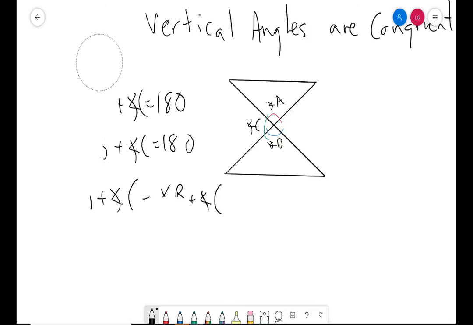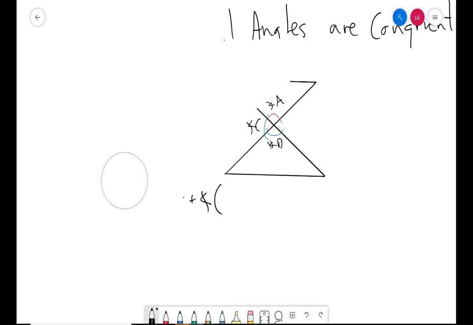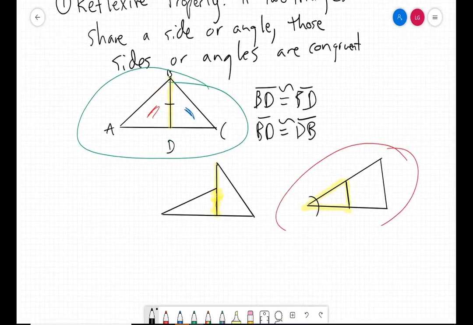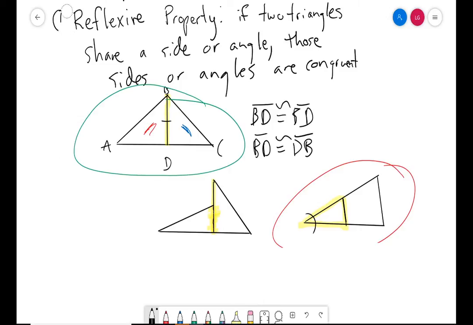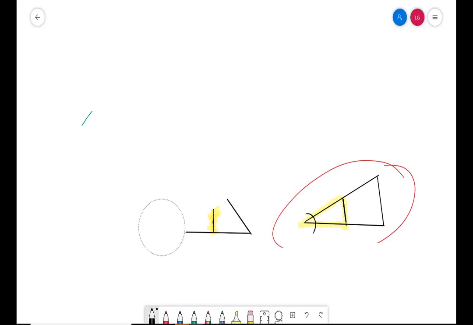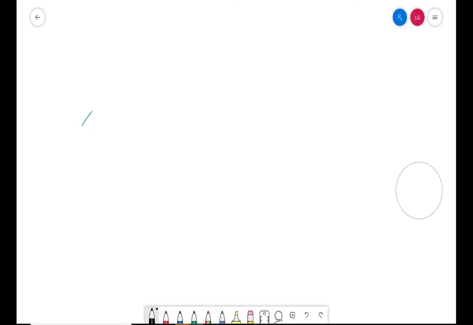Do a quick erase here. So we have the reflexive property, we have two angles supplemental to the same angle are congruent, or the so-called vertical angles are congruent.